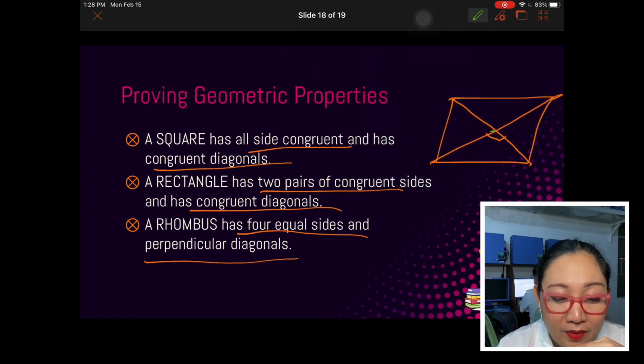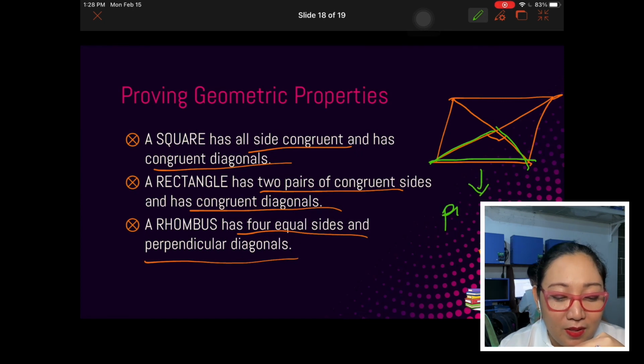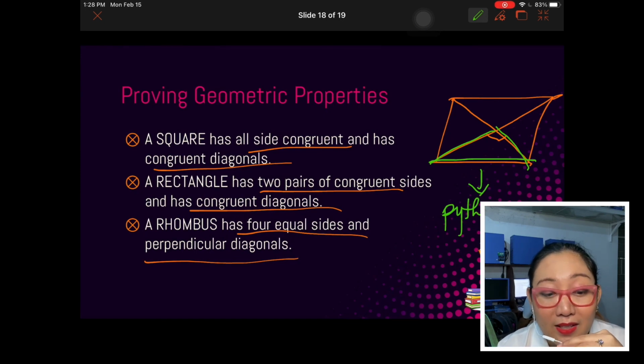Tama? At ano ba itong itsura na ito? Triangle yan. So, ibig sabihin, right triangle yan. At kung yan ay right triangle, ano naman ang kailangan natin for that? Pythagorean theorem. So, gamitan nyo lang ng Pythagorean theorem yan, mga anak. Kasi kung isang triangle ay right, lahat na yan right na.